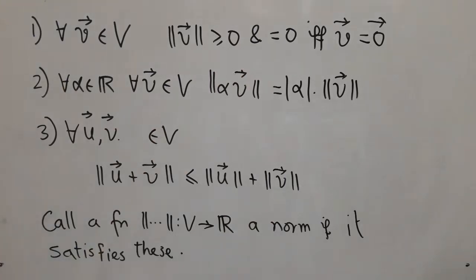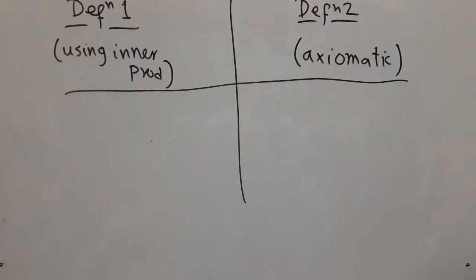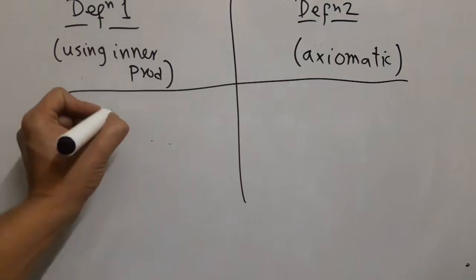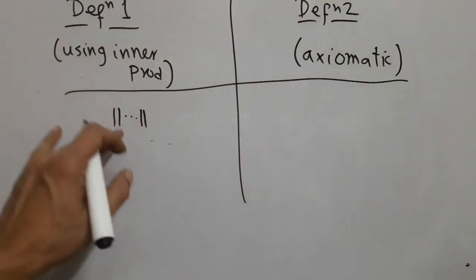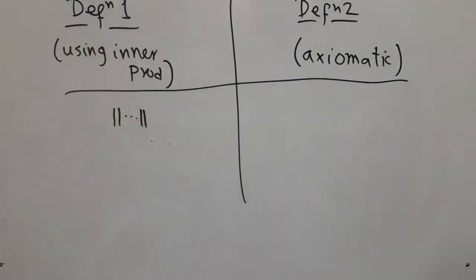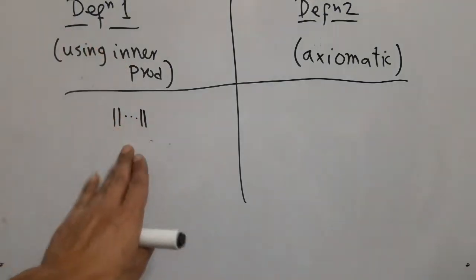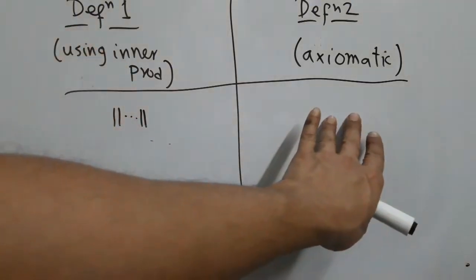So now we have got two different definitions of norm. One defined in terms of inner product and the other defined in terms of axioms. So we again have the same question. Are these two definitions equivalent? Is one stronger than the other? Let's answer that question. Now it is obvious that if you have a norm which is induced by an inner product, that is defined using an inner product, then clearly it must satisfy this definition as well.